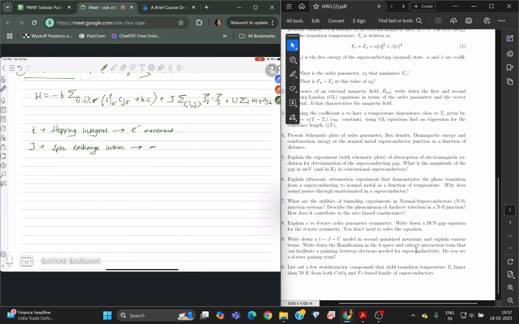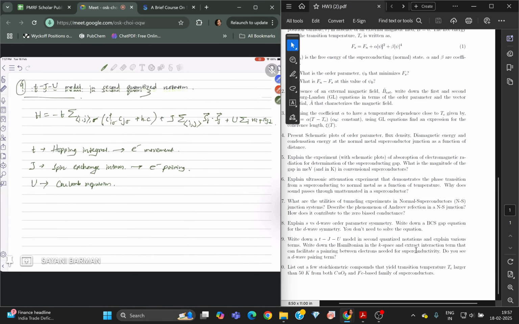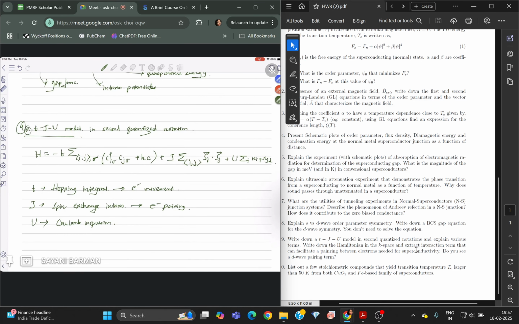This helps in electron pairing. And U is the on-site Coulomb repulsion. So this one is only the first portion, 9A.